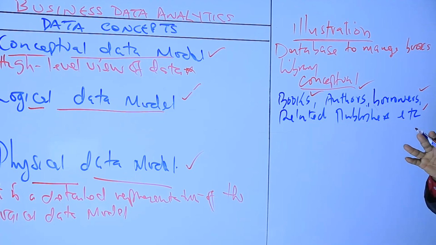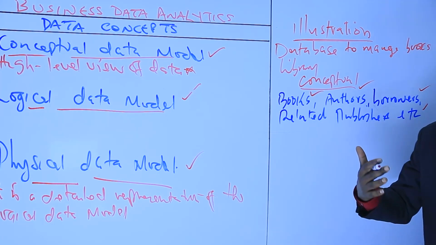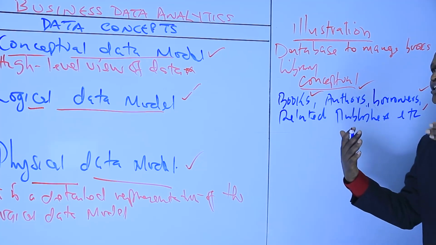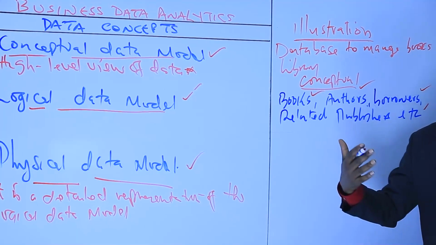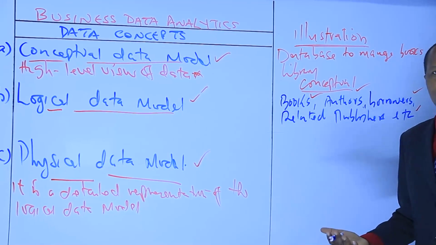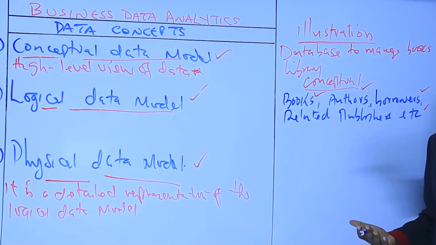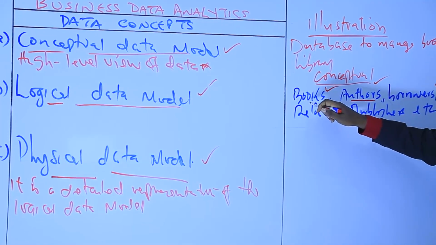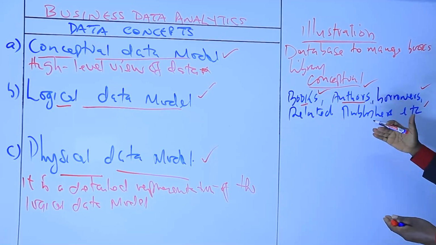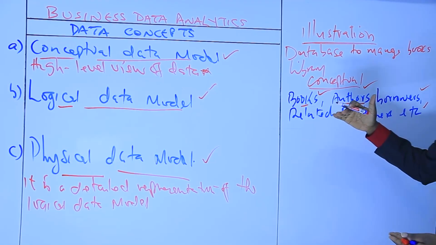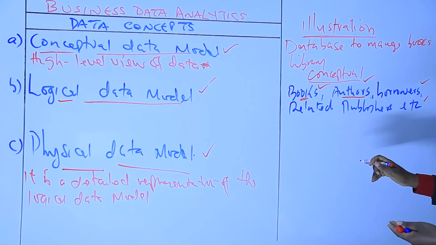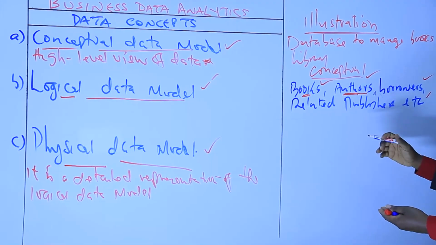The relationship, I'm talking about the relationship within this database, may include, for example, an author being able to write any book. This is a relationship between different entities. Books is an entity, authors is an entity.